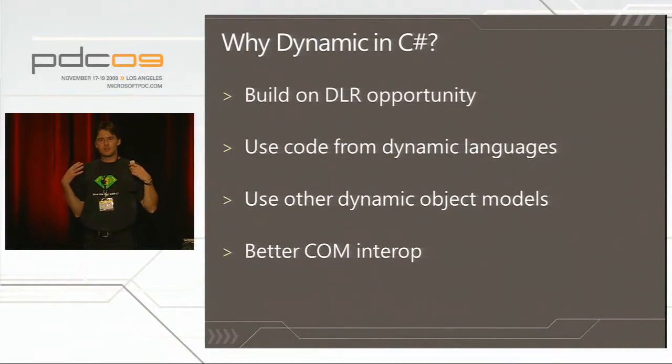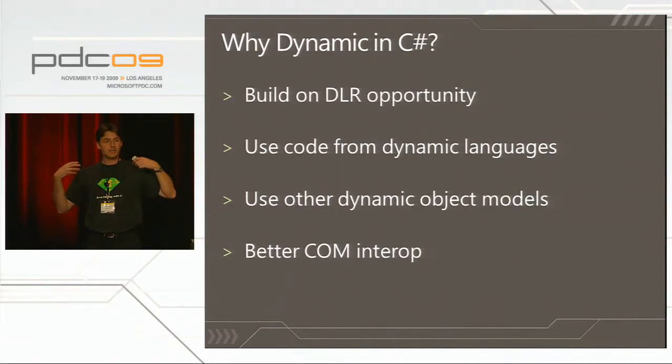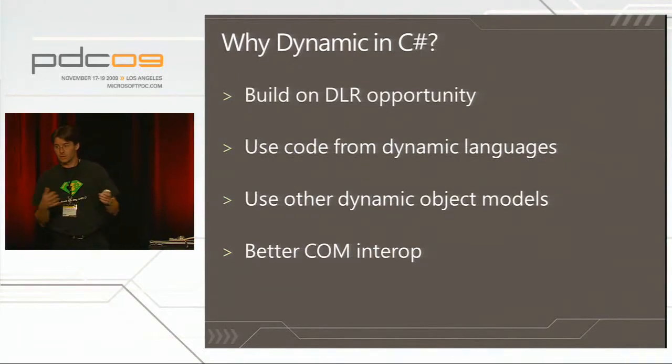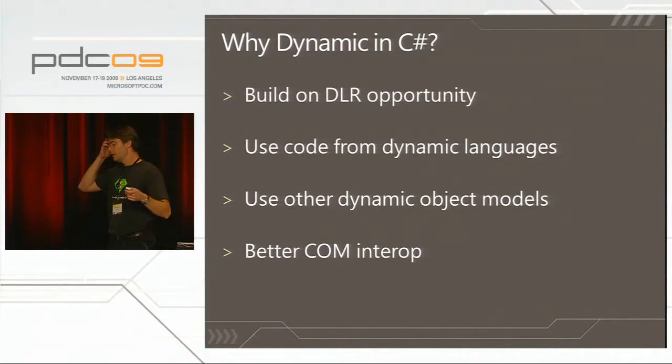We hope it fosters a new kind of ecosystem where you can write dynamic code in earnest from dynamic languages such as IronPython and IronRuby and other languages that are starting to target our platform, like Clojure and other external projects as well.